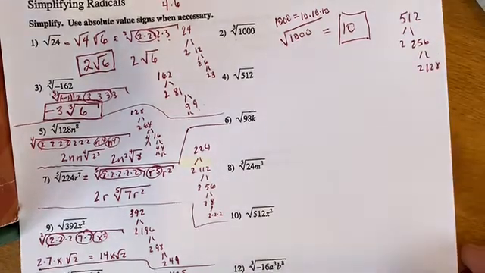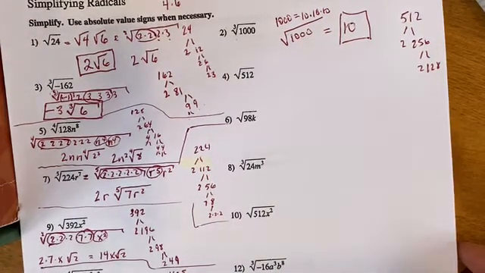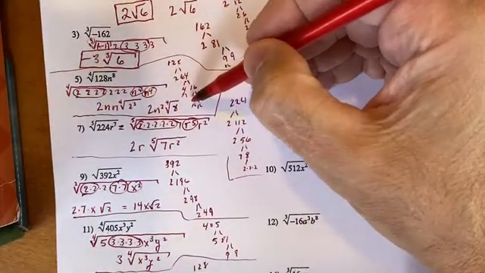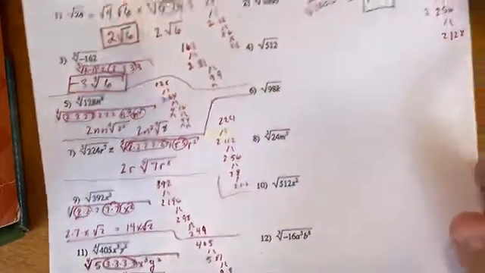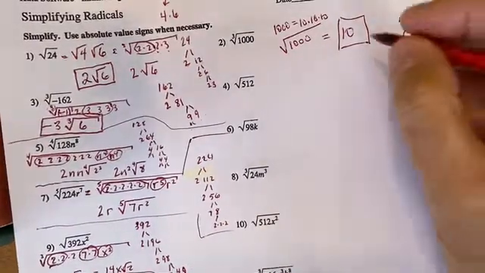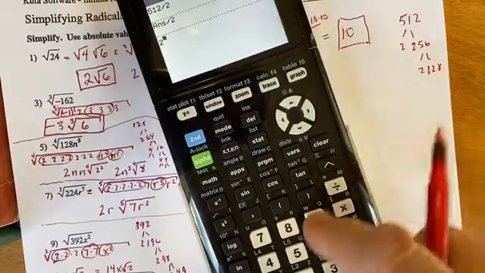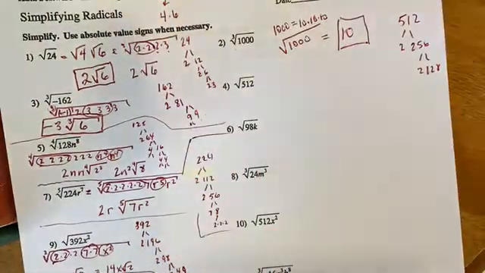And 128 I've done a bunch of times. Isn't that 1, 2, 3, 4, 5, 6, 7? It's 2 to the 7th. So 7, 8, 9. So 512 is 2 to the 9th, I think. Yeah, it is 2 to the 9th.